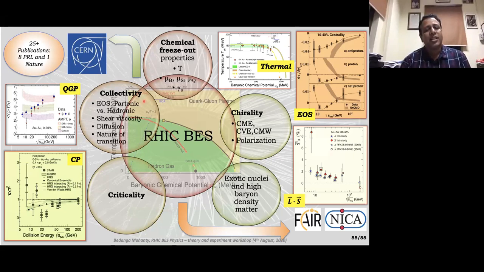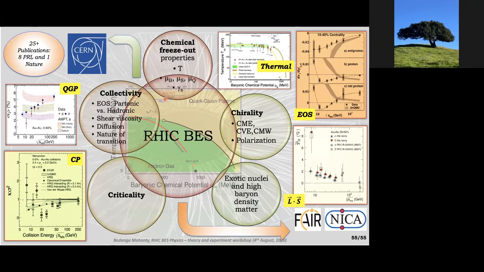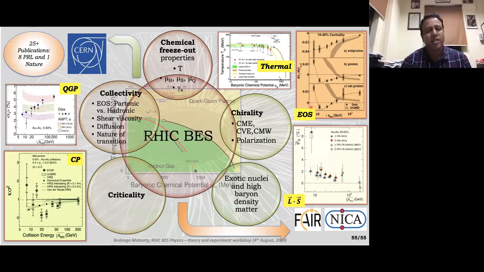Through collectivity measurements, we have been able to address equation of state related aspects. We have very interesting novel QCD phenomena which can be probed, like the chiral magnetic effect, the chiral magnetic wave, and some very interesting polarization measurements. We are making progress on criticality measurements.